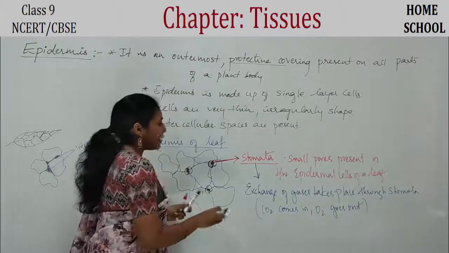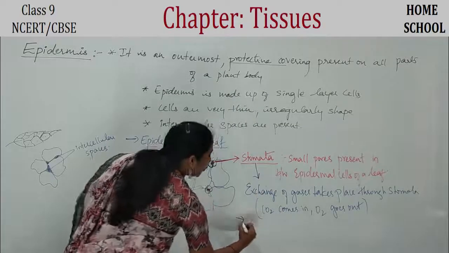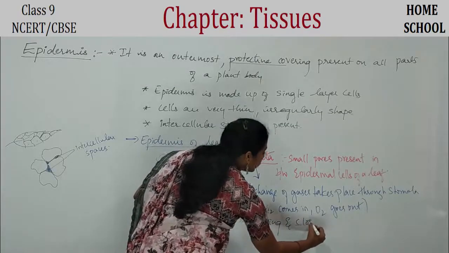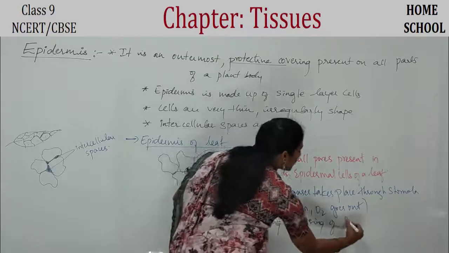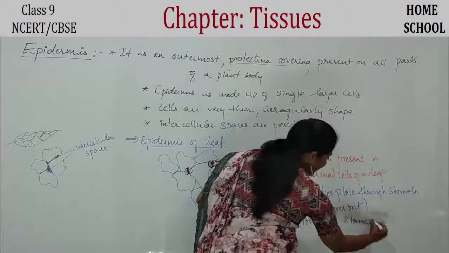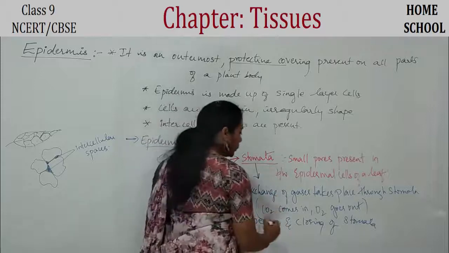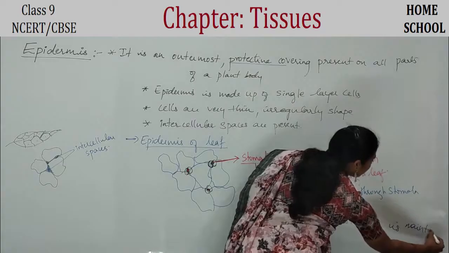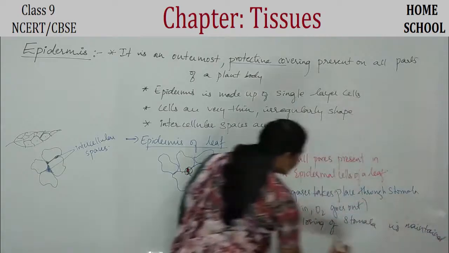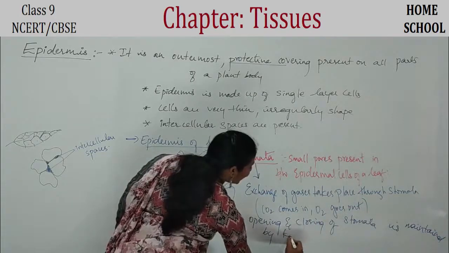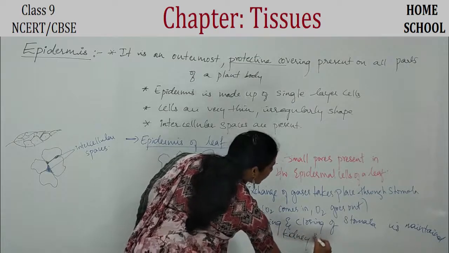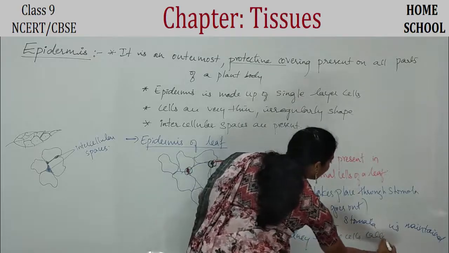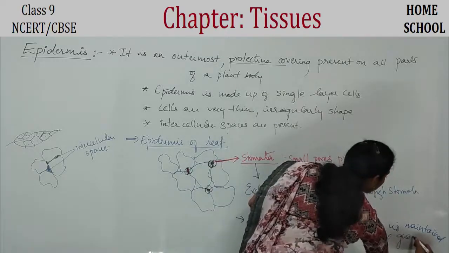Okay, so what I can write here is opening and closing of stomata. Stomata itself means that small hole. Clear? Opening and closing of stomata is maintained by kidney shaped cells called guard cells.